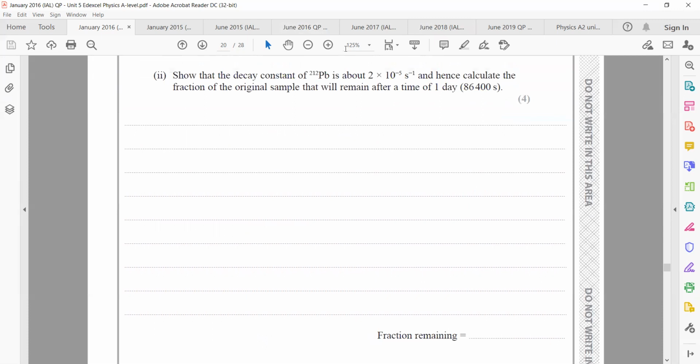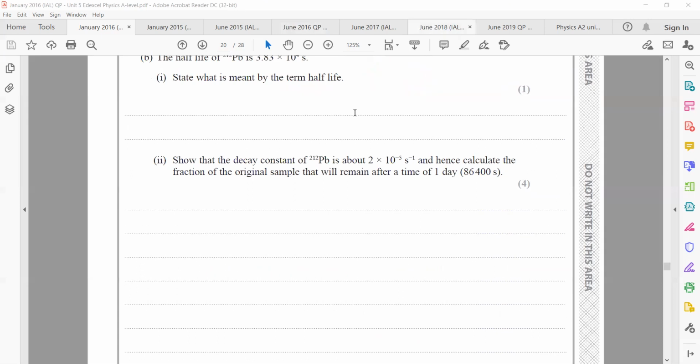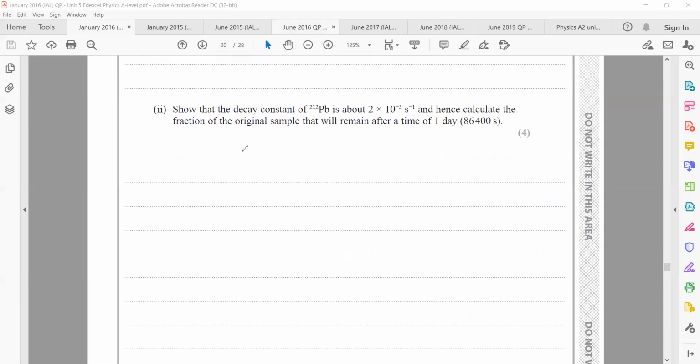Show that the decay constant is about 2 × 10^-5, hence calculate the fraction of the original sample that will remain after 86,400 seconds. So using the half-life, we can find the decay constant. The decay constant is 0.693 divided by the half-life.